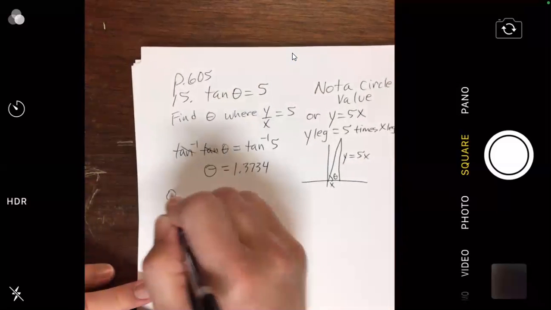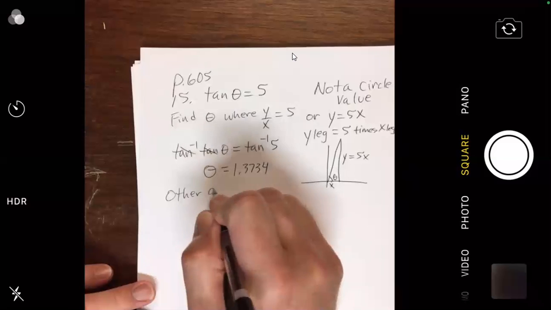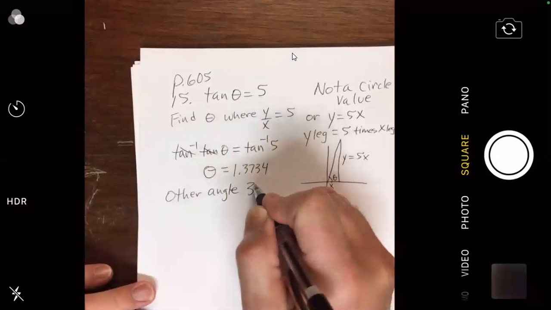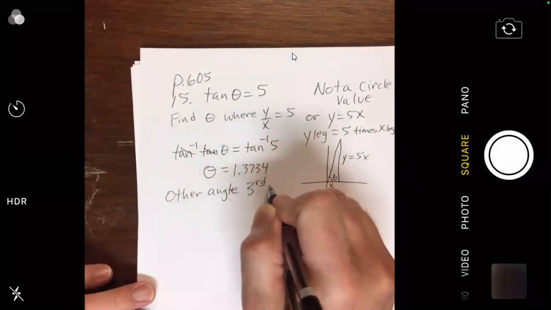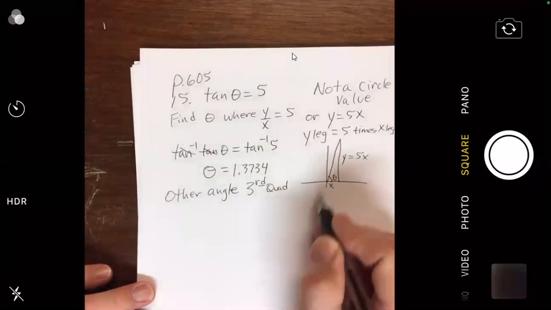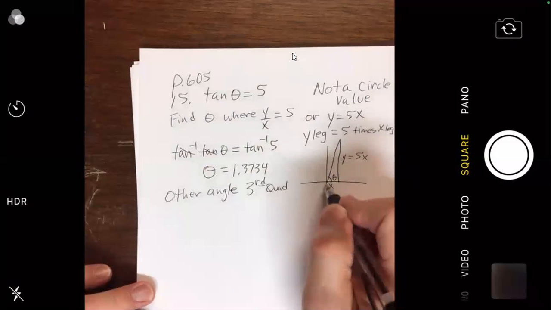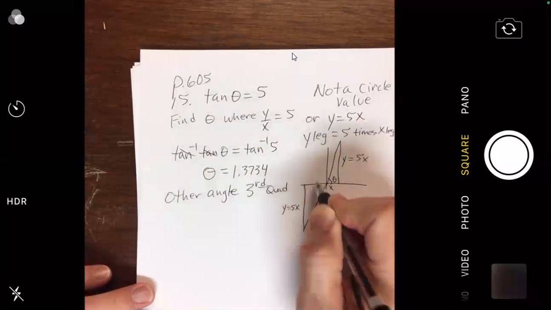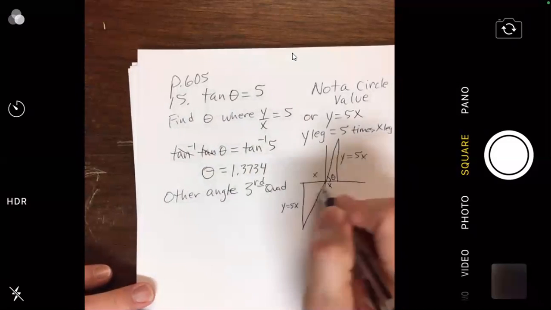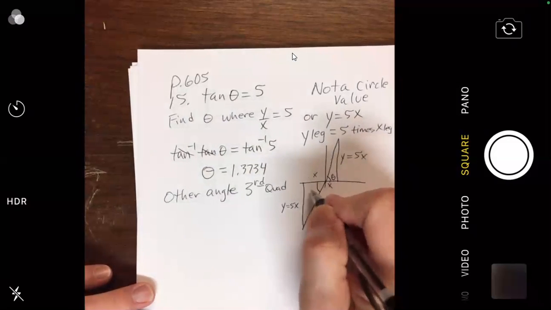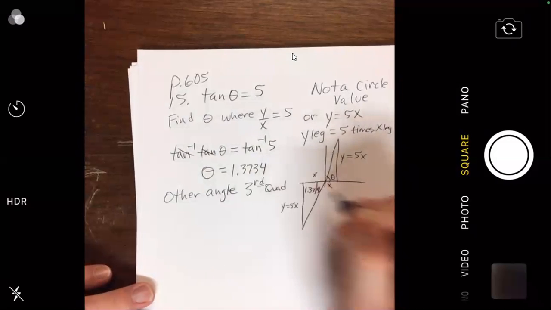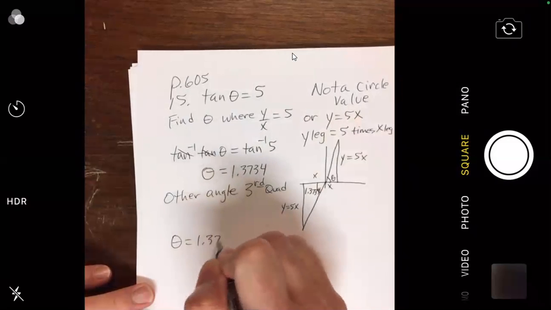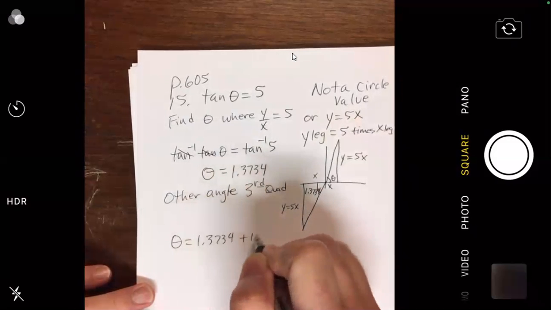All right, for your other angle, you'll be in the third quadrant. It's the only other quadrant with a positive tangent. Like you go cross quadrant, and again, you want this y leg 5 times the x leg, but this angle will be your 1.3734. So your other angle is going to be 1.3734 add pi.